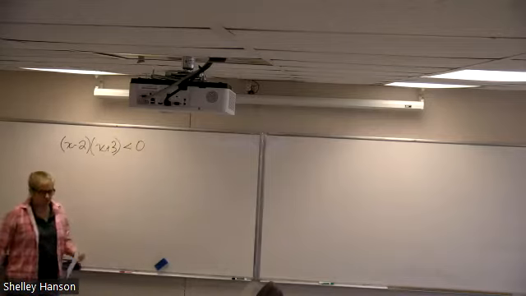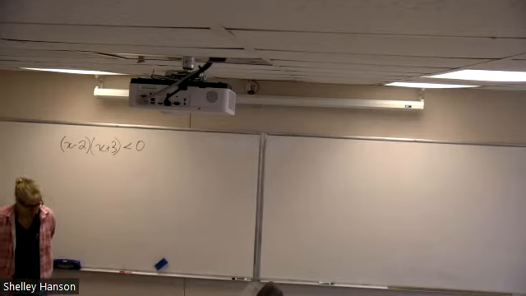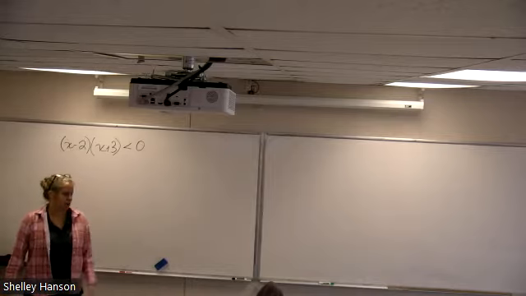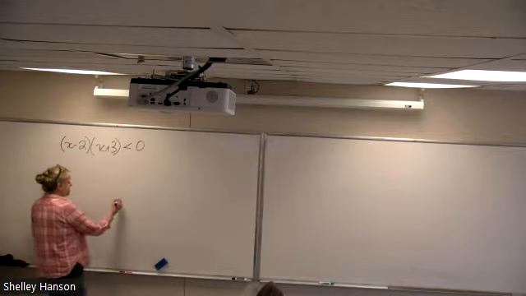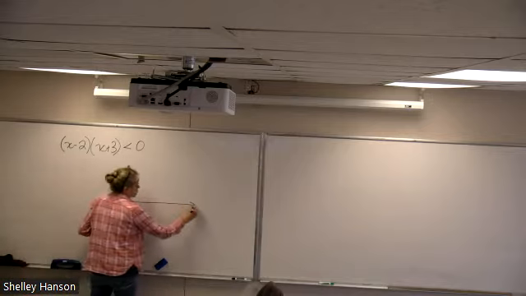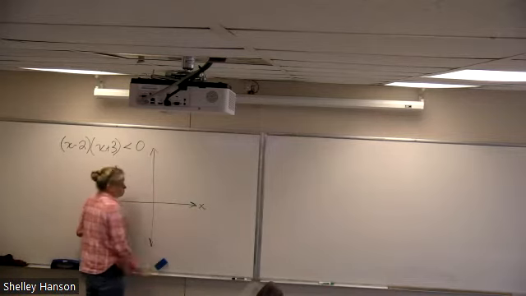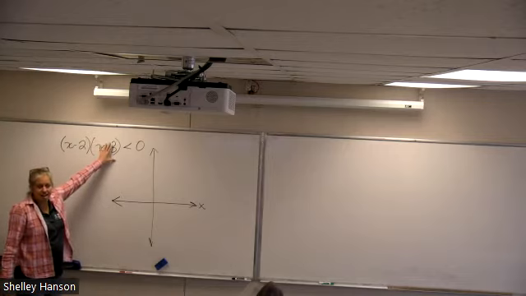All right, so this one is wanting to know where is x minus 2, x plus 3 less than 0. Okay, so what we're actually going to do is find the x-intercepts of this, which are the zeros, right? It's already in its factored form.